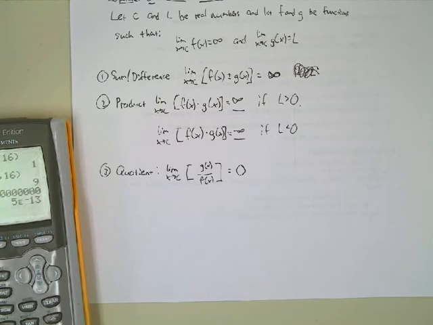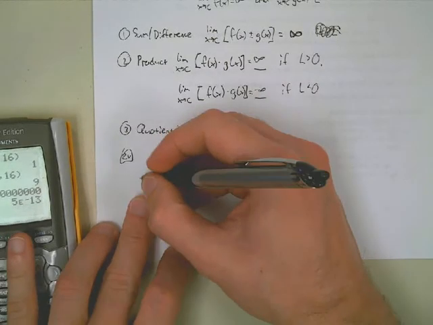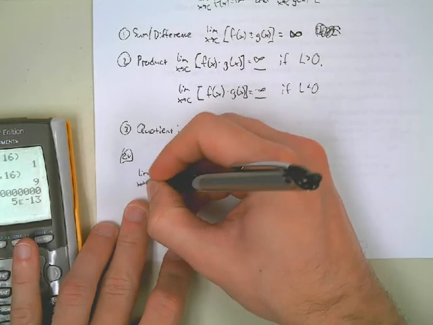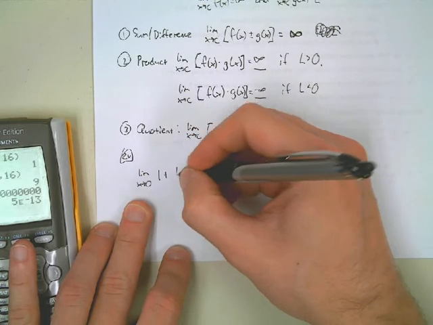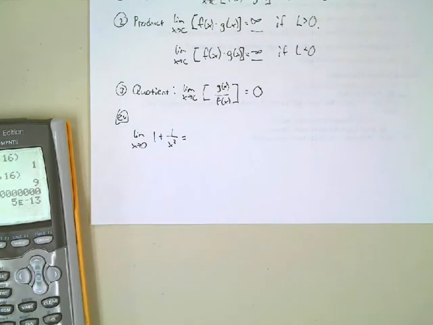All right, let's take one quick look at an example. The limit as x approaches 0 of 1 over 1 plus x squared. You might look at that and say, how am I supposed to do this?